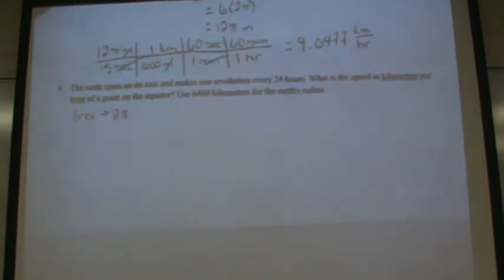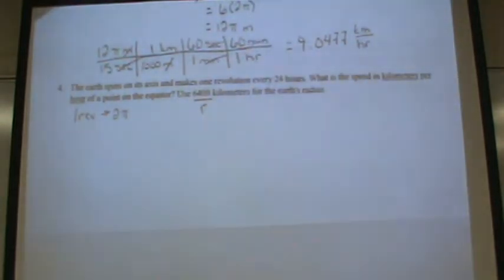And number 4. Number 4 says the Earth spins on its axis and makes 1 revolution every 24 hours. What is the speed in kilometers per hour of a point on the equator? And again, we're to use 6,400 kilometers for the Earth's radius. So again, we know that 1 revolution is 2 pi, so we have our theta again.